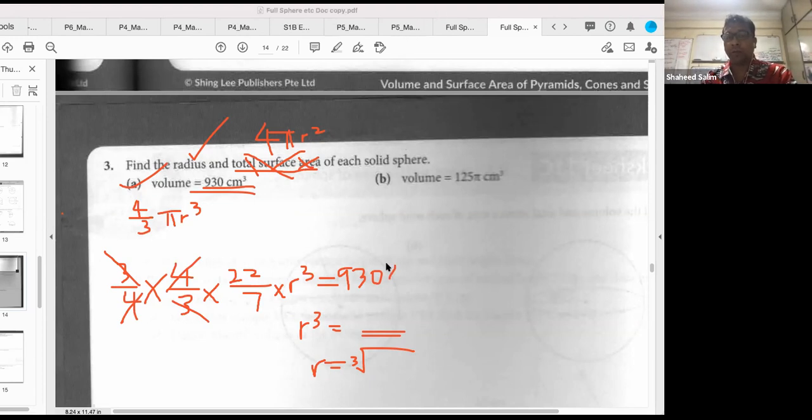That's the first thing I do, I times by 3/4. But there's some more numbers, there's 22/7. No problem, I times by 7/22. Why 7/22? This 7 and this 7 can cancel, this 22 and 22 can cancel. Can you just put in the calculator 930 times 3 times 7 divided by 4 divided by 22?